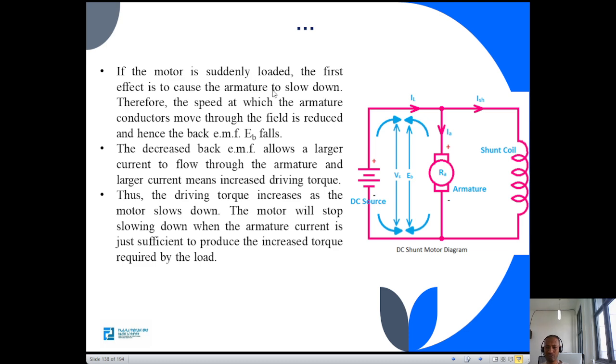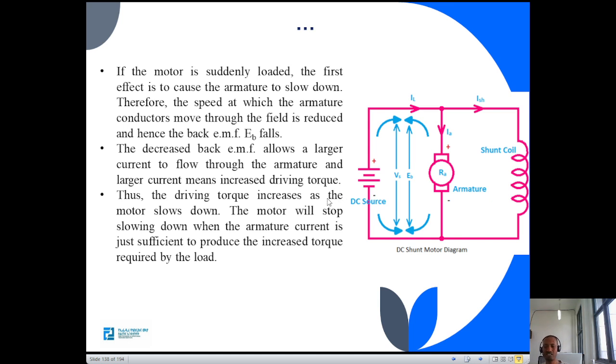The speed at which the armature conductors move through the field is reducing, and hence reduced speed means back EMF falls. Reduced back EMF allows large current, because V minus EB is large, so IA is large. IA large means the motor draws high current and increases the driving torque.